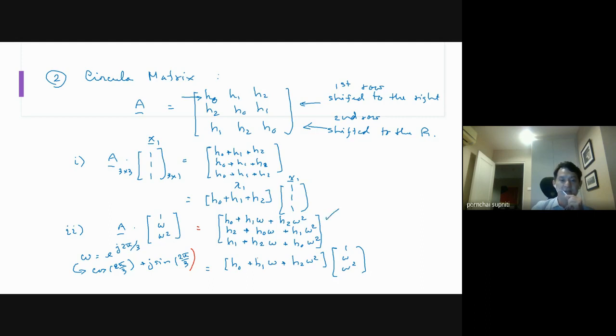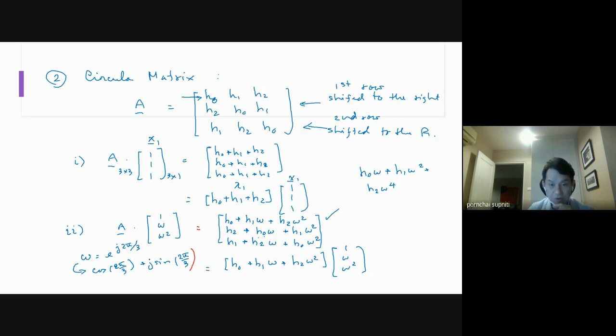If I multiply this row with omega, I will get H0 omega plus H1 omega squared, and then plus H2 omega to the fourth.